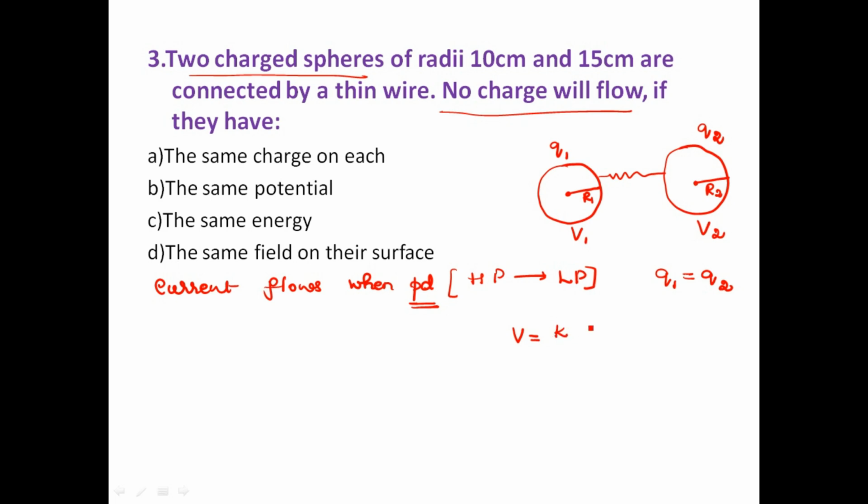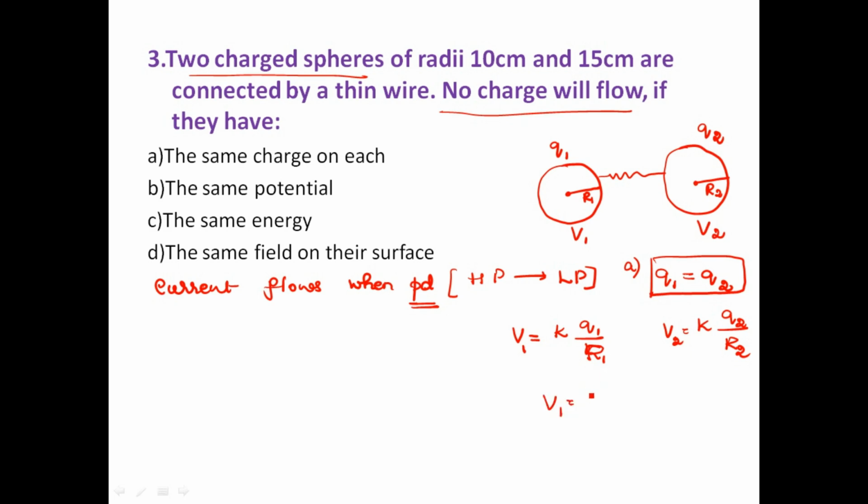It is K into Q by R. Hence V1 is equal to K into Q1 by R1, and V2 is equal to K into Q2 by R2. Let us equate these two charges since Q1 is equal to Q2. This is according to option A. Option A says Q1 is equal to Q2. So if Q1 is equal to Q2, let me write it.